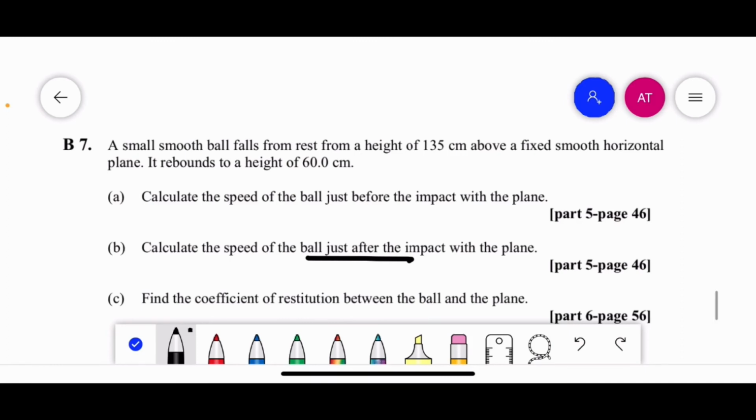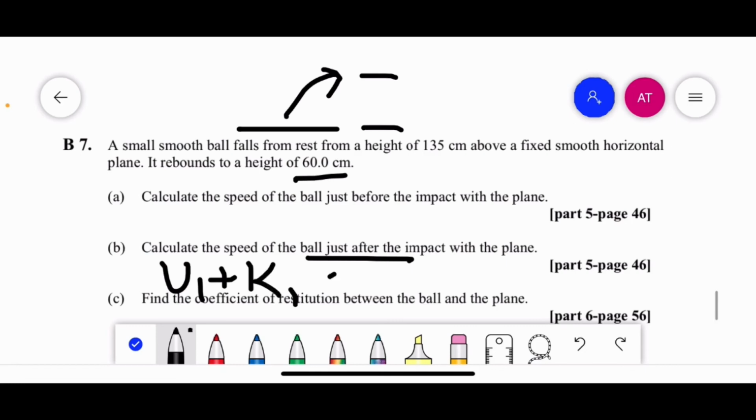So in this case, we need to consider the movement of the ball after its impact with the plane. After it hits the plane, it rebounds to a height of 60 centimeters. So we consider the ball moving up from 0 to 60 centimeters. And we have the formula U1 plus K1 is equal to U2 plus K2.